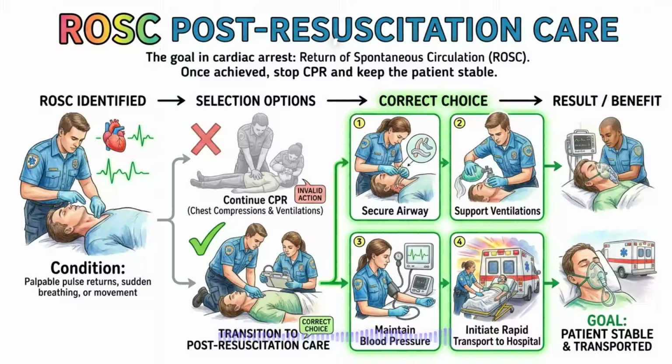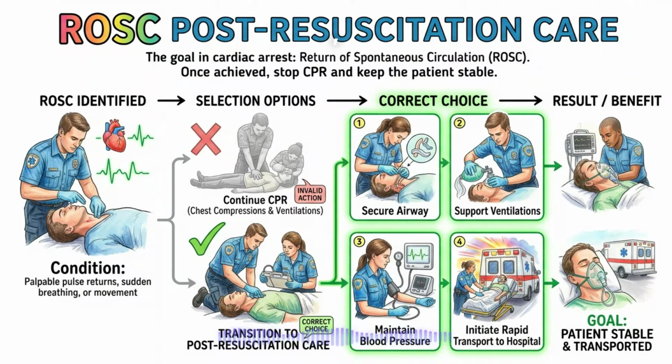Your ultimate goal during cardiac arrest is achieving the return of spontaneous circulation, commonly abbreviated as ROSC. You will know you have achieved this when you feel a palpable pulse return during a pulse check, or if the patient suddenly starts breathing on their own or moving.